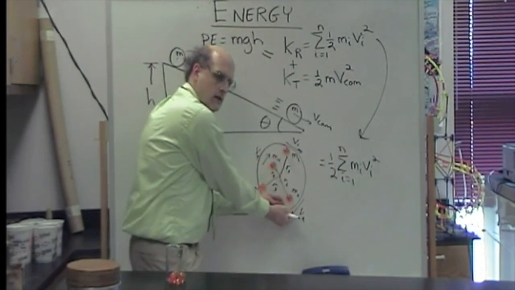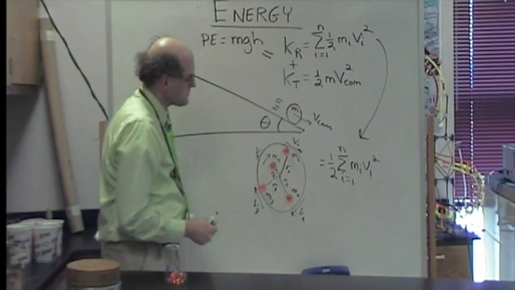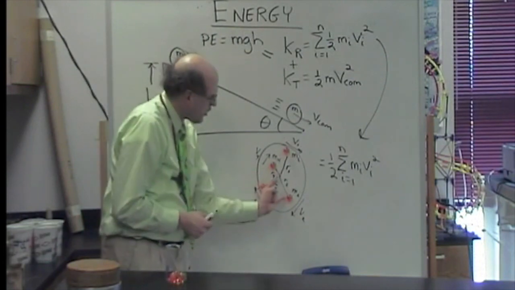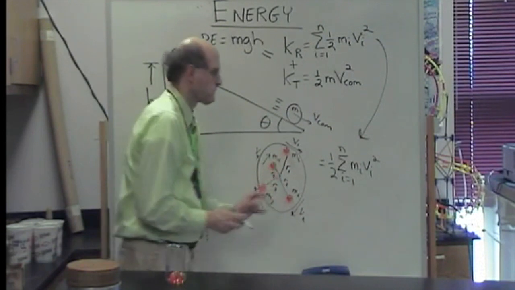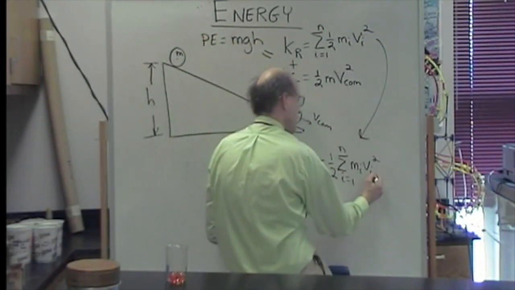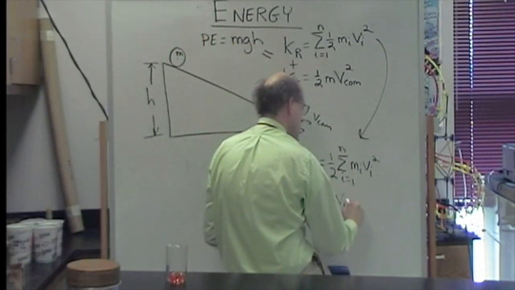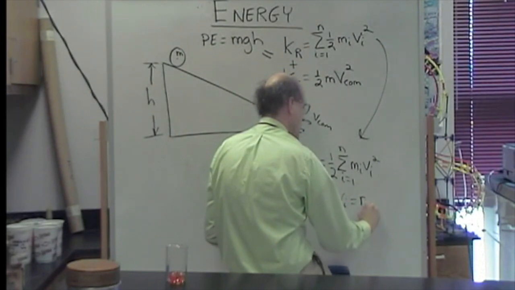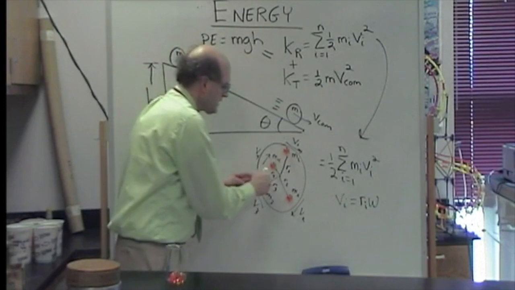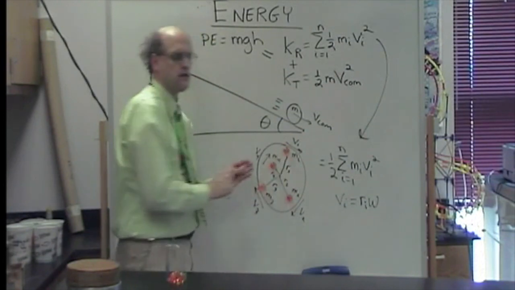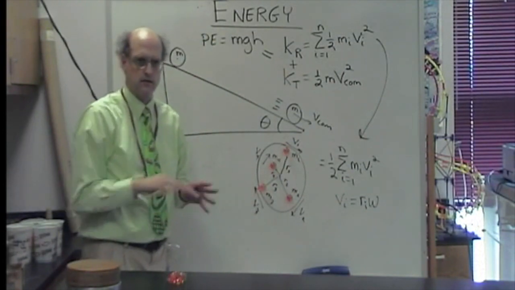But isn't the speed of each one of these pieces equal to r times omega? So we can rewrite the speed as ri omega. And I'm not going to put an i by the omega because the angular speed for each one of these is the same as the other.